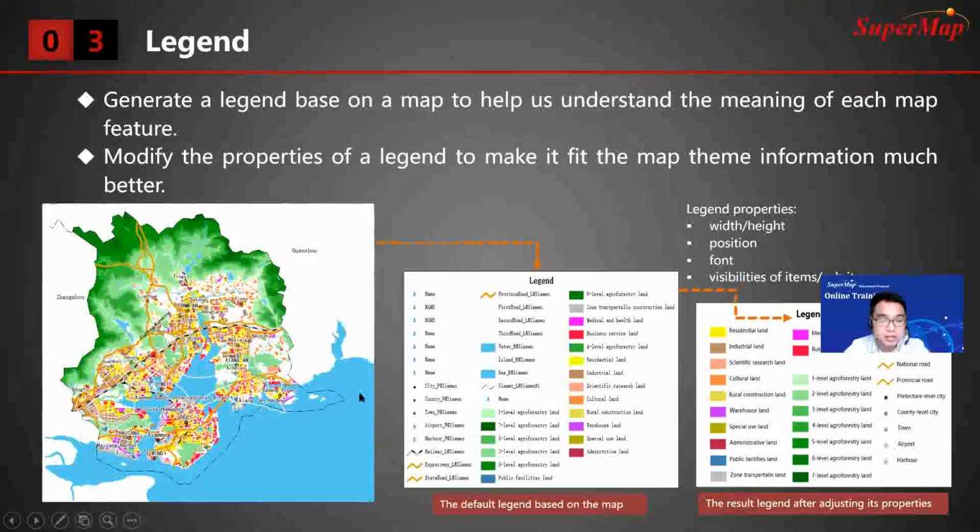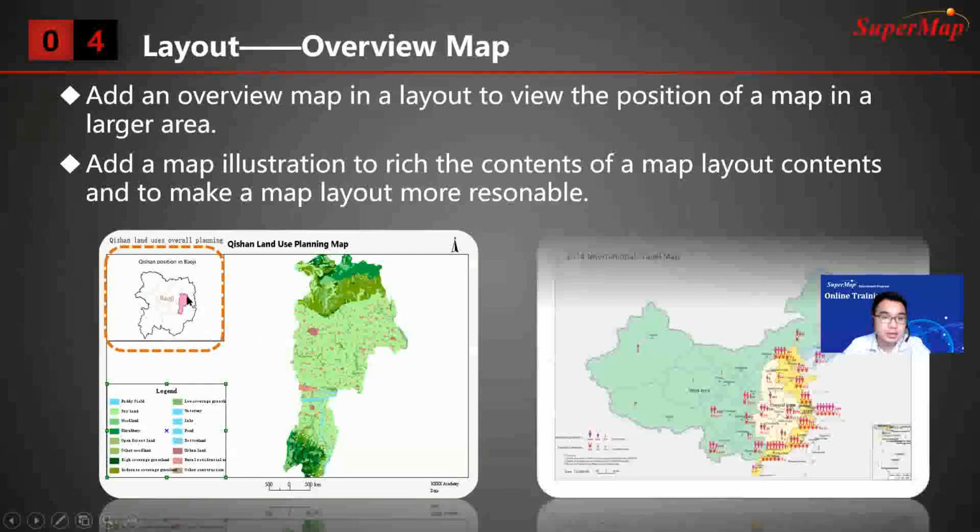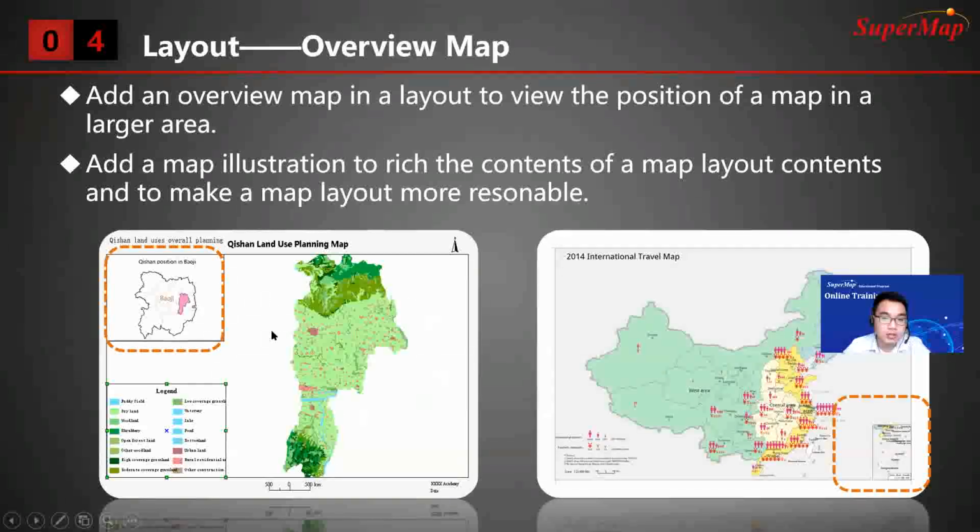And for the legend, we also support editing the legend, like you can separate the legend by groups, and also adjust the other properties for the legend. And also for your final map, you need to have an overview map, a small map in this picture.